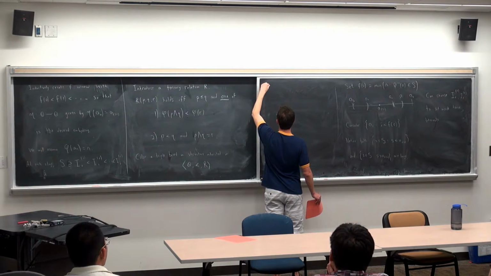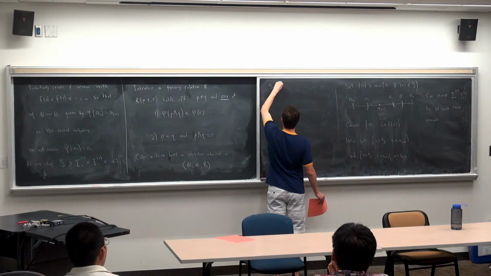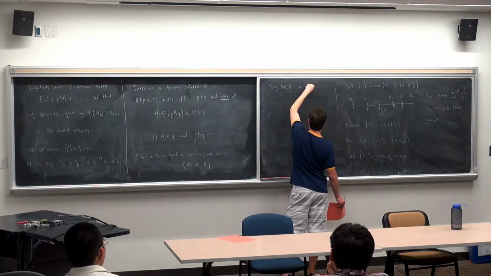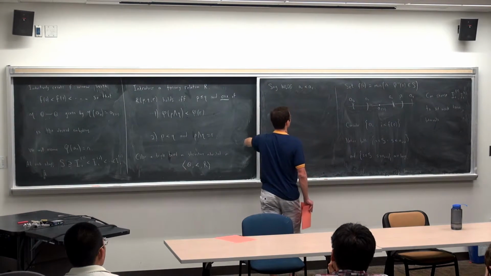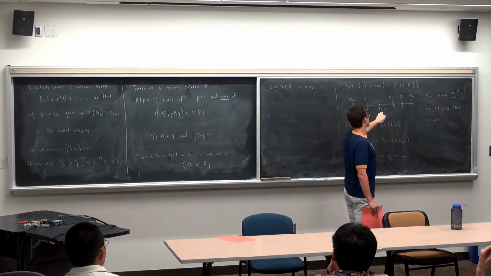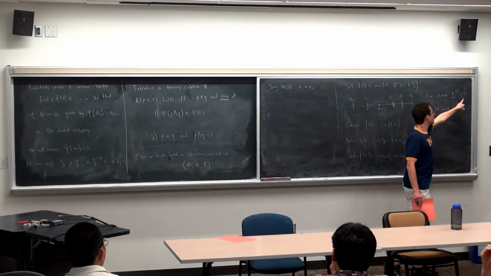So next step, say WLOG that A0 was less than A1. So what this tells us is that we're going to be paying attention to I11.